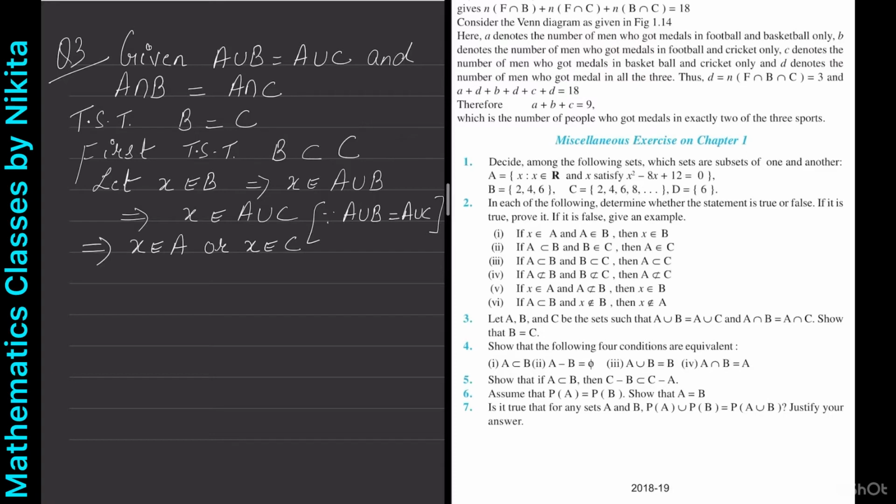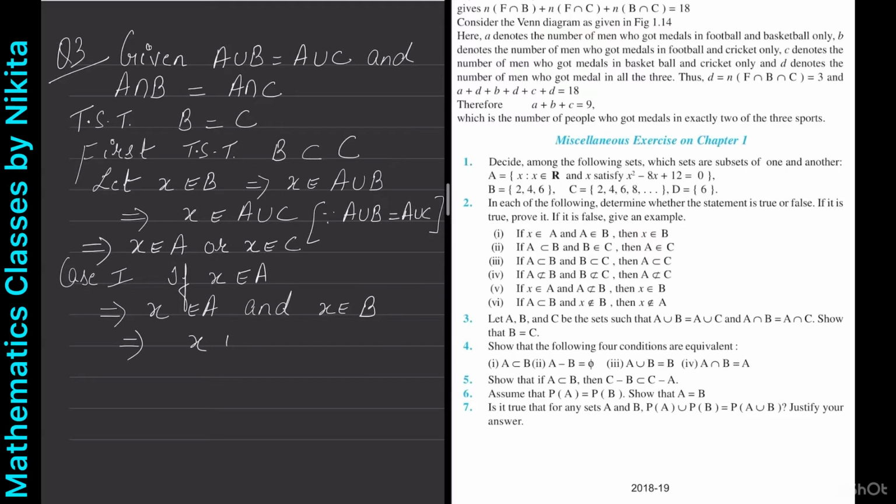ठीक है. Now we have the cases. So the first case is that if x belongs to A. Now if x belongs to A and it is already there that x belongs to B. So x belongs to A and it is given that x belongs to B. So this implies what?